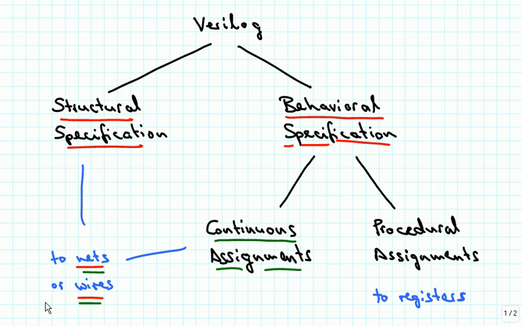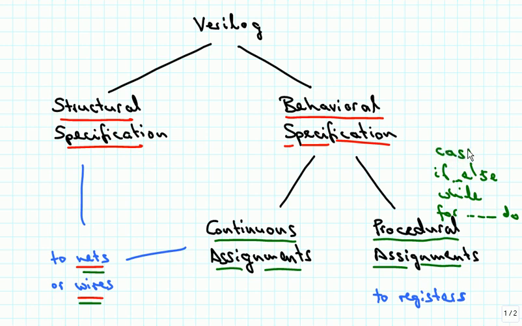And then we have procedural assignments, where we can use such things like if-else, or we can use a while command, or we can use for and then do something, or the case statement would go in here. And those are assignments where we again just specify what we want the logic to do, but we specify it not on a continuous basis.